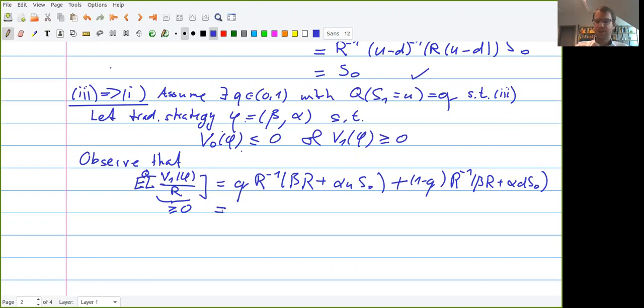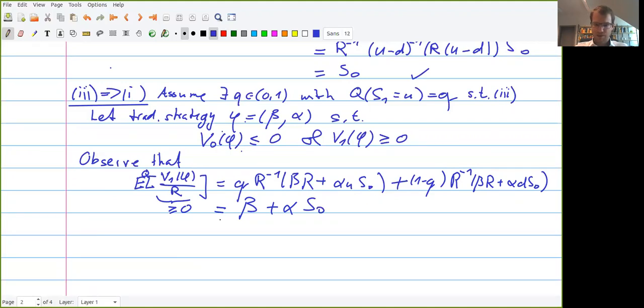And now we can see what this is. Let's consider the first two terms here. So the R's are canceling. We have Q times beta plus 1 minus Q times beta, so that's just beta. Plus alpha times, you pull out the alpha and then you have exactly the conditional expectation.